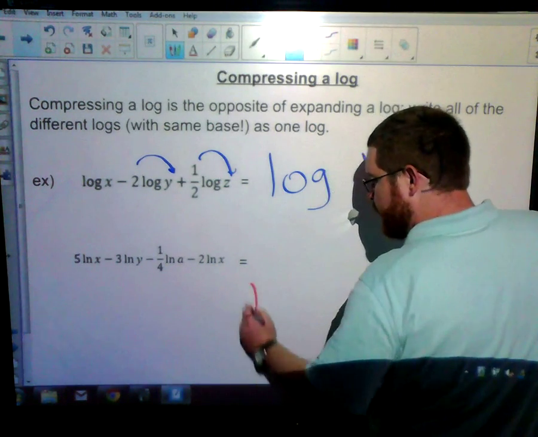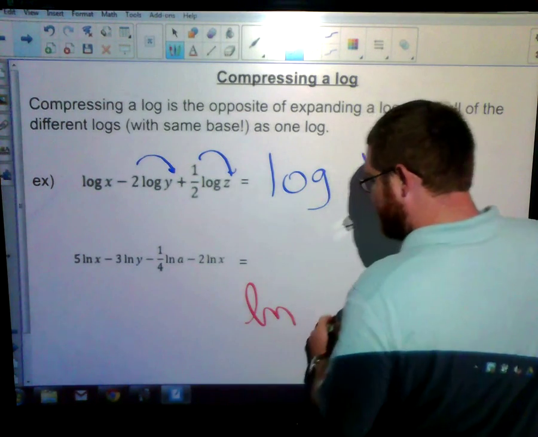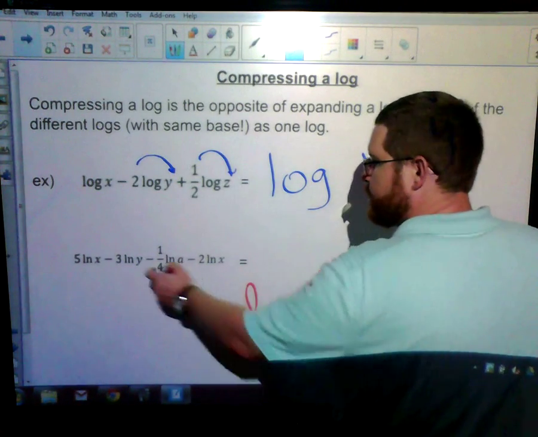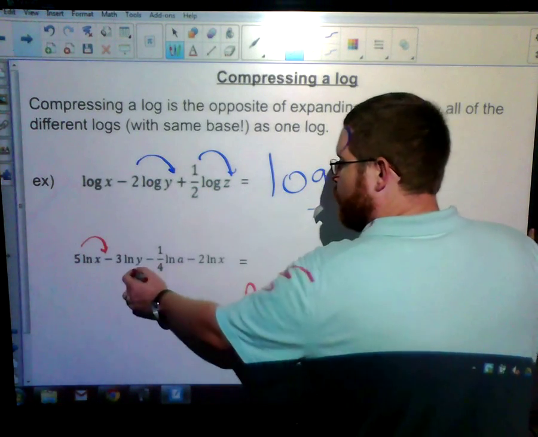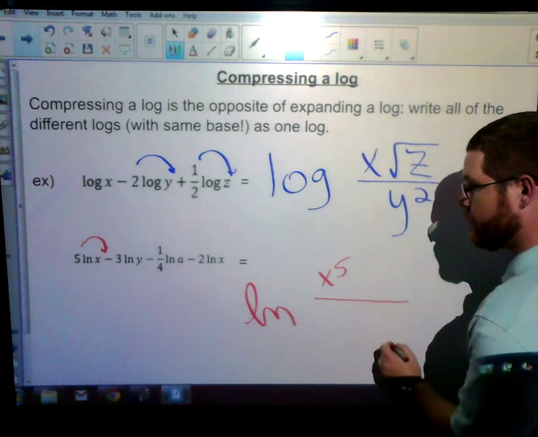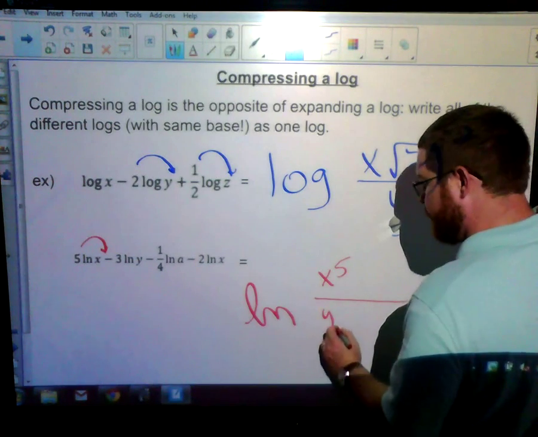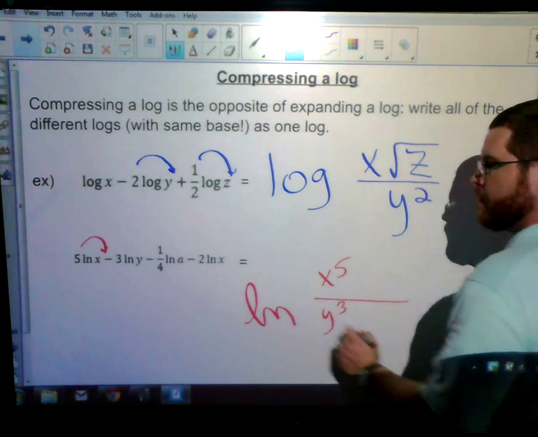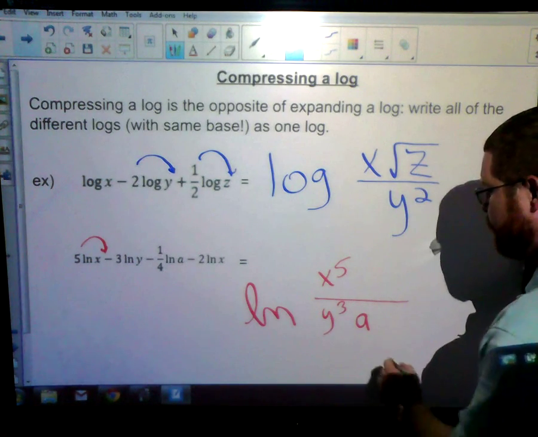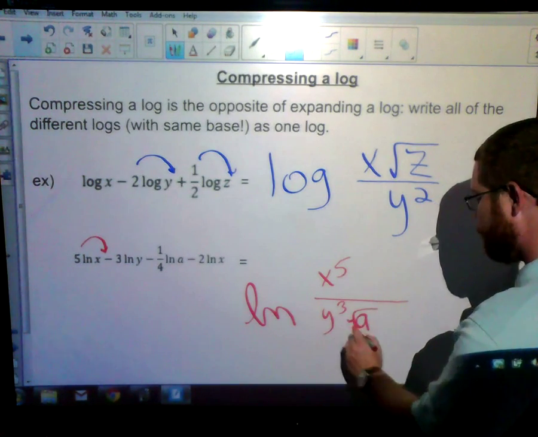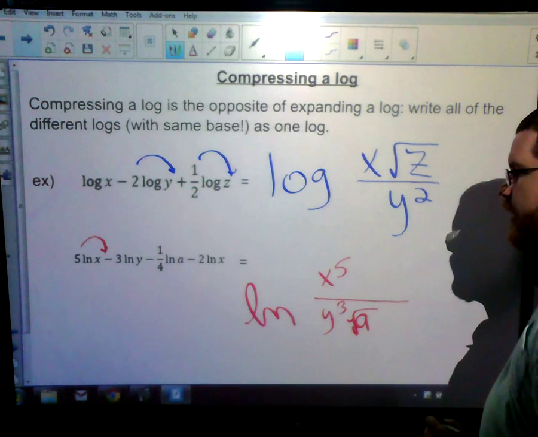Let's do the same thing down here. The x is a positive log, it goes on top. The 5 comes in as its power. The y is a negative log, it goes on bottom. The 3 comes in as its power. The a is a negative log, it's on bottom. A 1/4 power is the same thing as a 4th root.